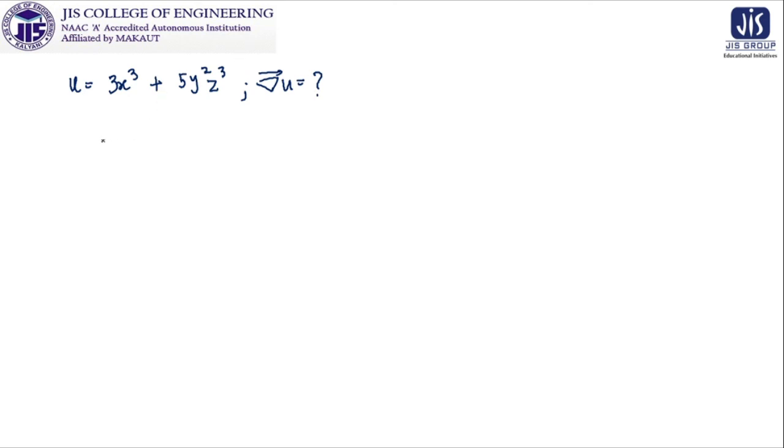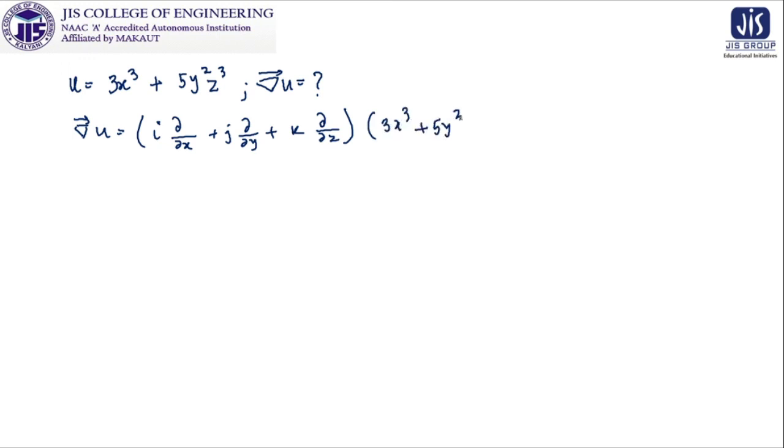So your job is to write down i del x plus j del y plus k del z on 3x cube plus 5y square z cube, as all of you are now most probably confident about what to do.